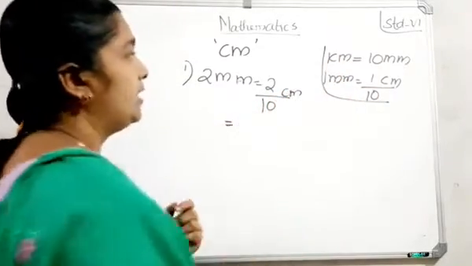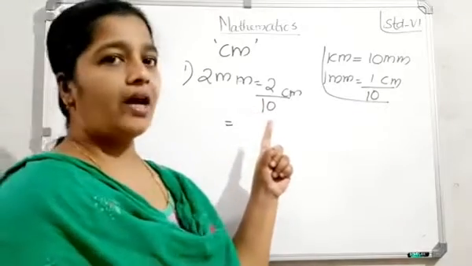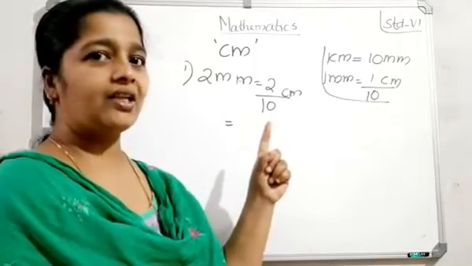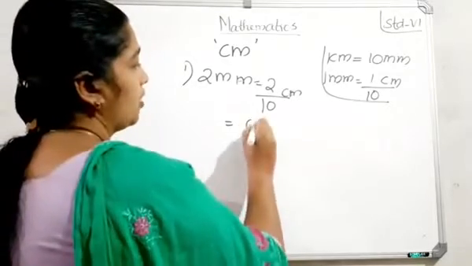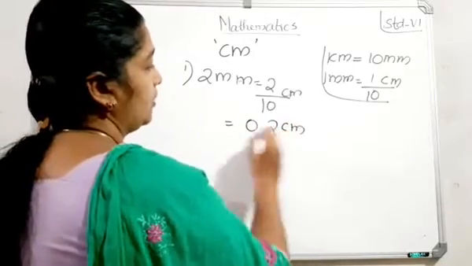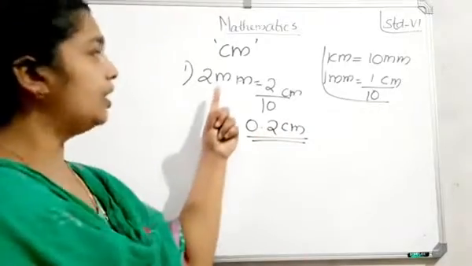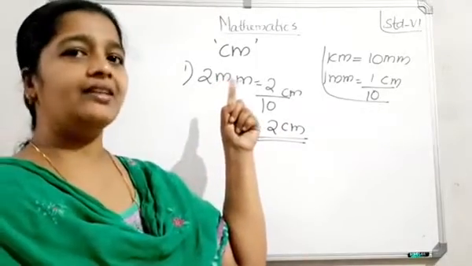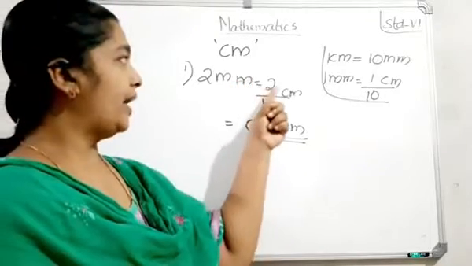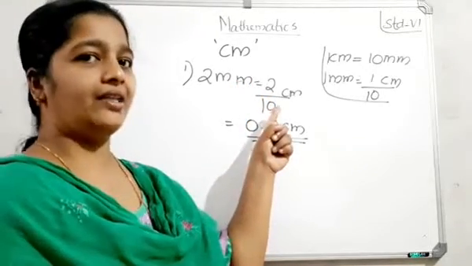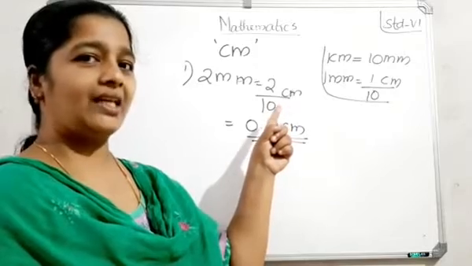When a number is divided by 10, after the decimal point there is only one digit. Therefore, 0.2 centimeter.